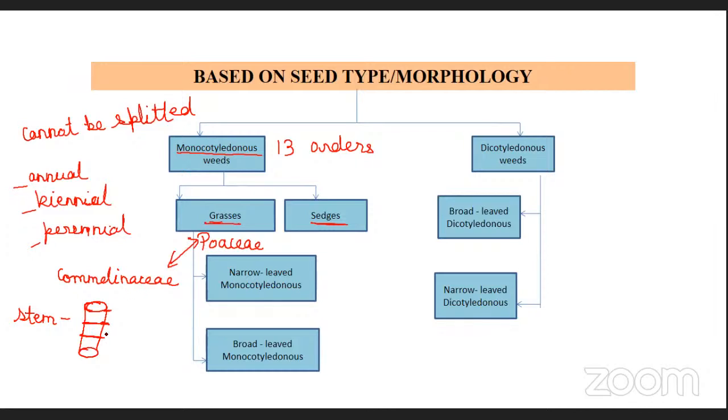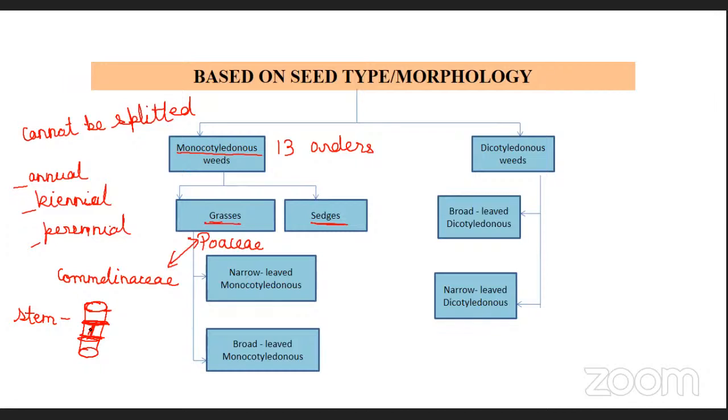The area between these nodes is known as the internodes. The nodes are jointed, and the internodes are basically hollow in structure.